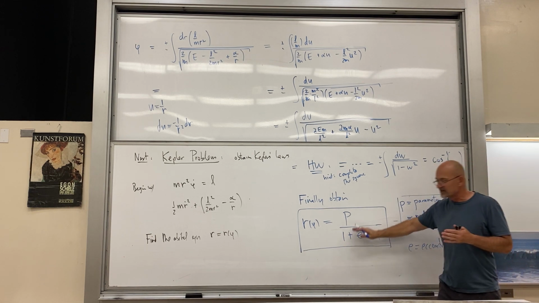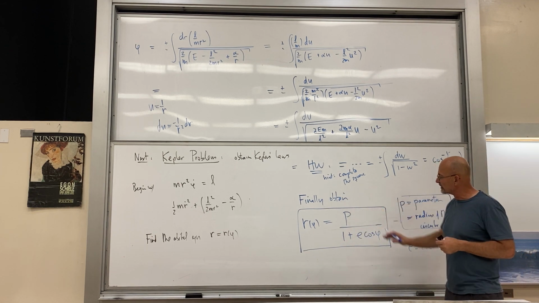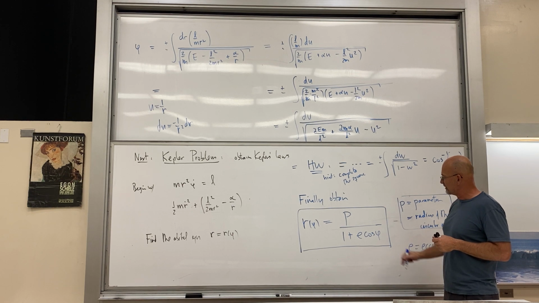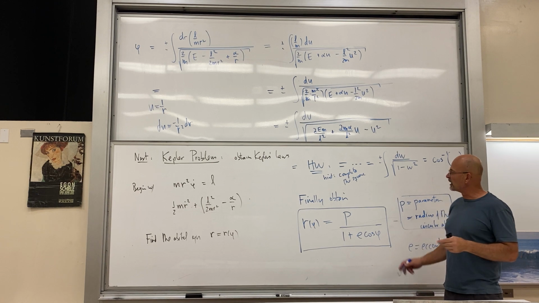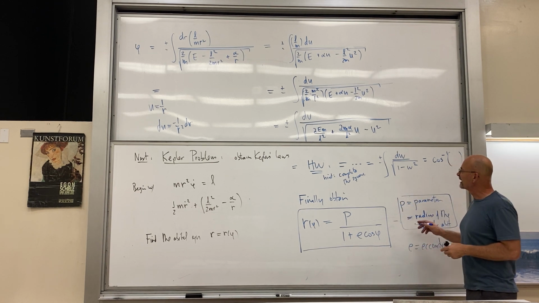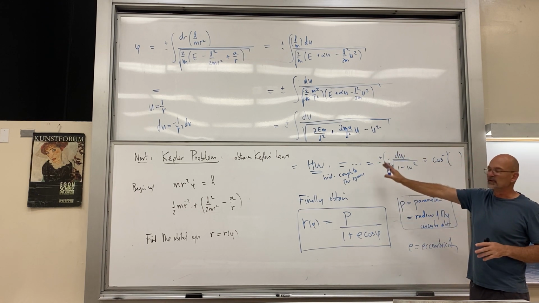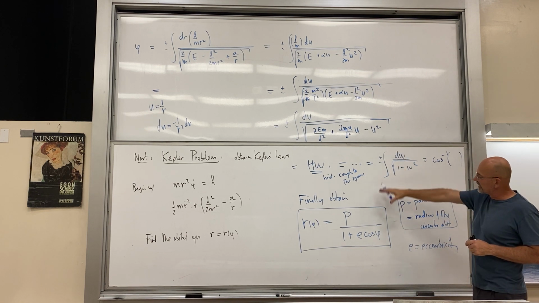And of course you can find this everywhere. This is the standard result for the orbital equation. Parameter, eccentricity. So you can definitely look those up as well and work your way backwards. But you definitely want to get that integral because it's very satisfying to get this whole answer.